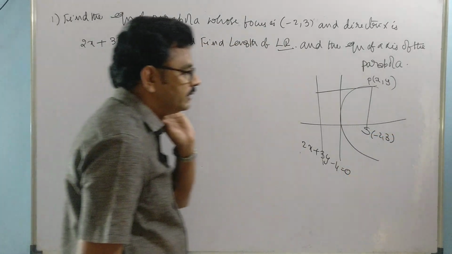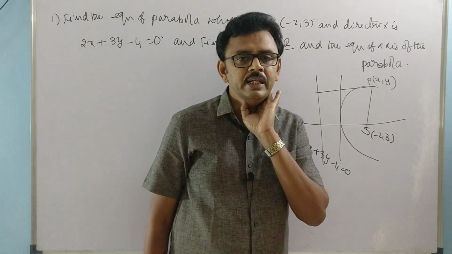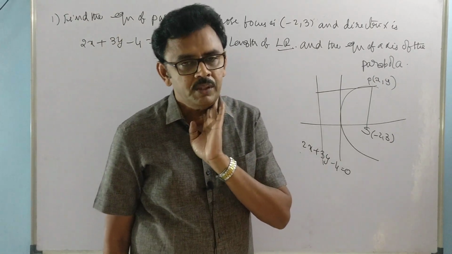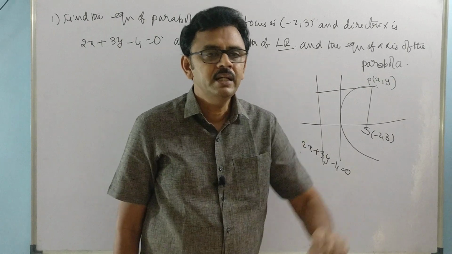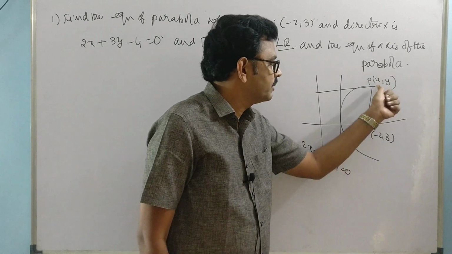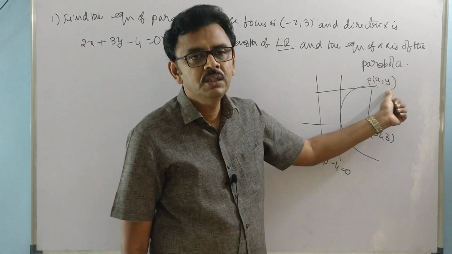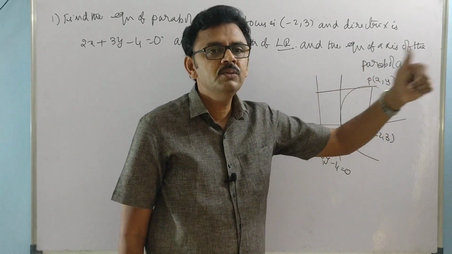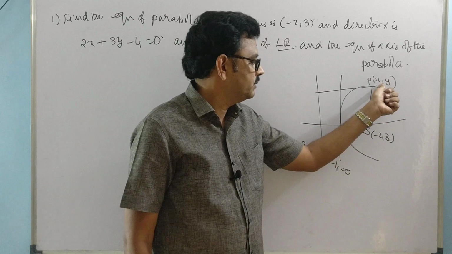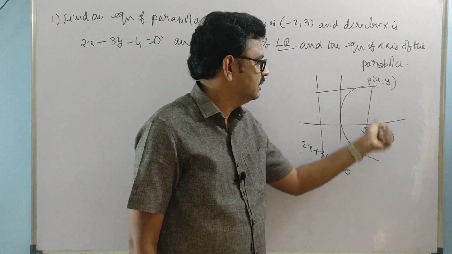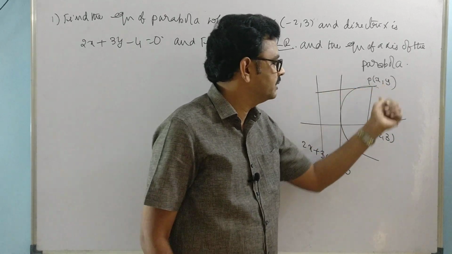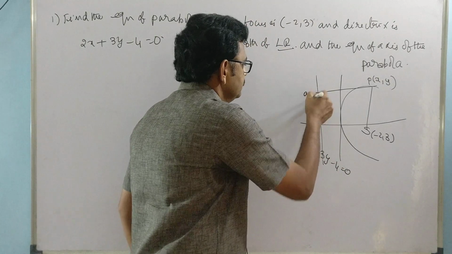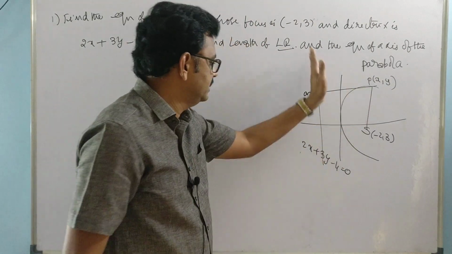Now, to find the equation of parabola, we have the focus and directrix. Let P(x, y) be a point on the parabola. According to the definition of parabola, SP is equal to PM. S means the distance to the focus. PM is the length of the perpendicular from the point P to the directrix.